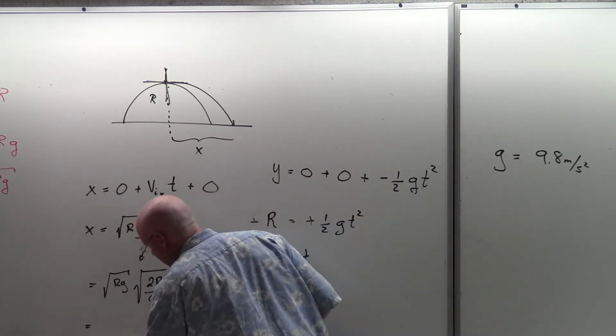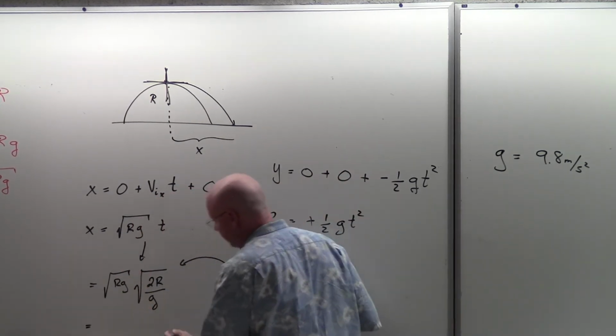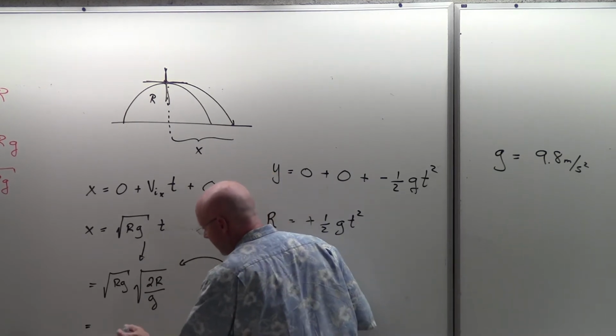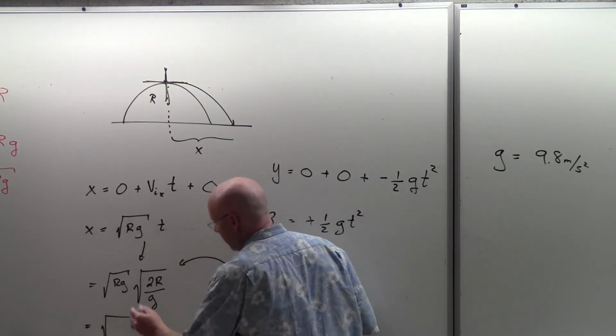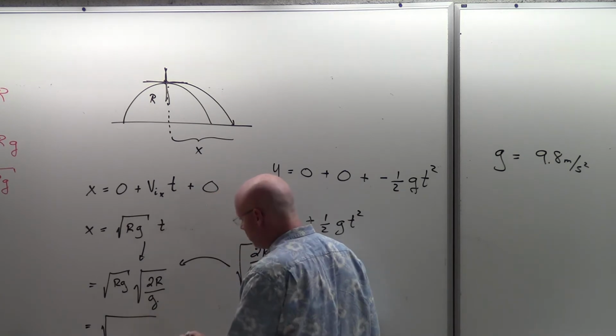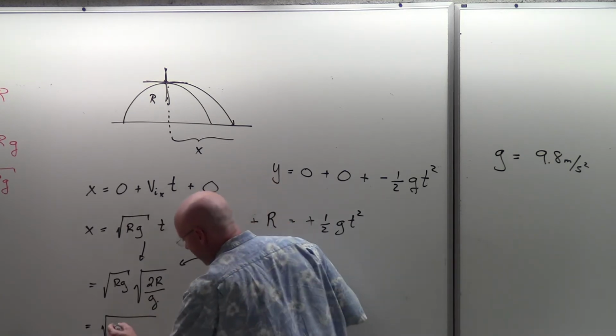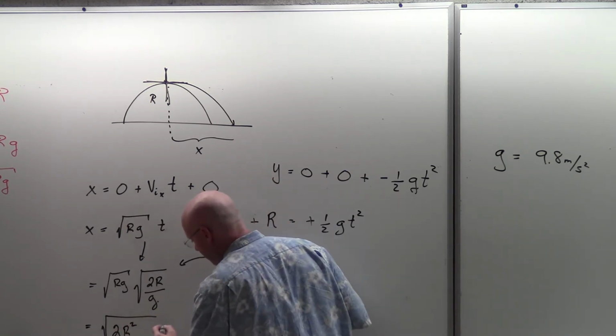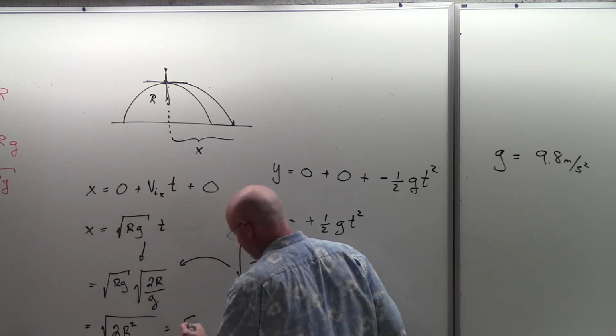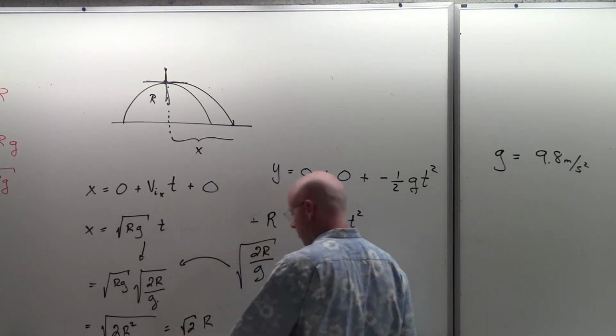If I put my square root stuff all together, the g upstairs will cancel with the g downstairs, and I will have a 2r squared, which comes out to be root 2r.